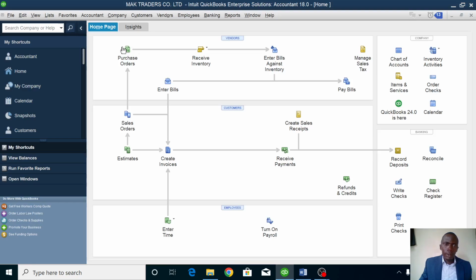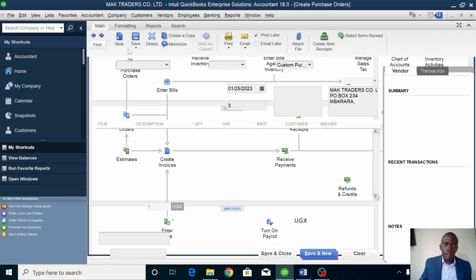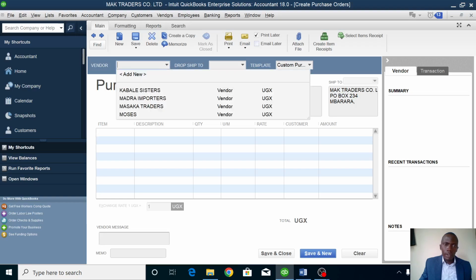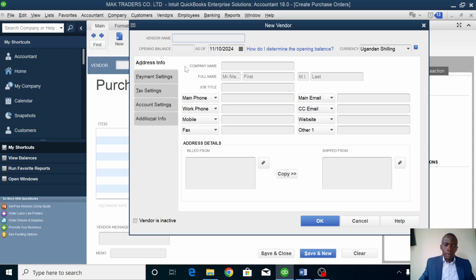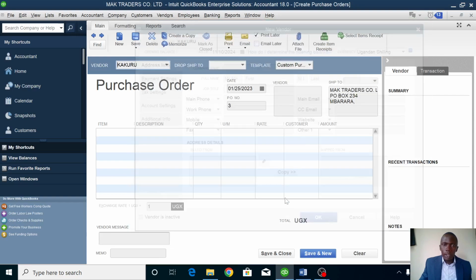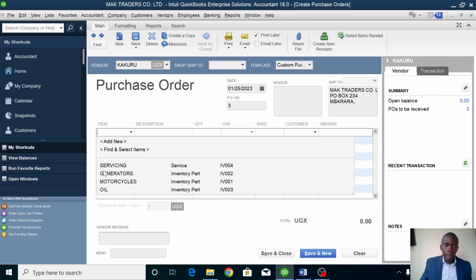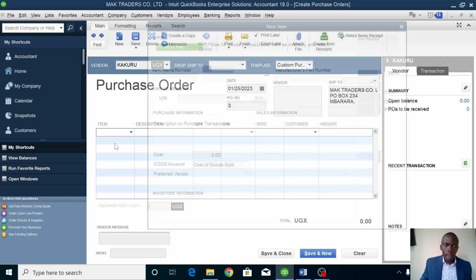So we shall follow the local purchasing order, by making purchase orders. Our vendor, we were not given a vendor, so we shall assume our vendor to be Kakuru. So we say okay. Our item is a computer. We don't have a computer among the items, so we add it.